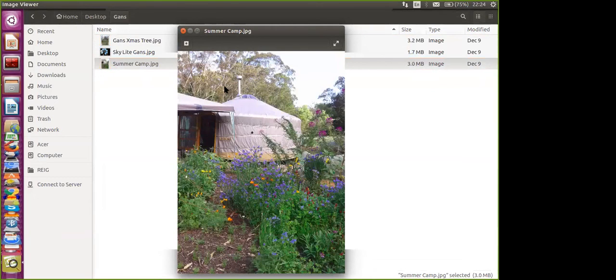Oh, there's the yurt. Can you see that? Yes, we can. And the flowers. And we have a big skylight in the top of the yurt. We call it the Eye of God, and it's great just lying in bed and looking at the stars and the moon. And we're doing what you suggested.